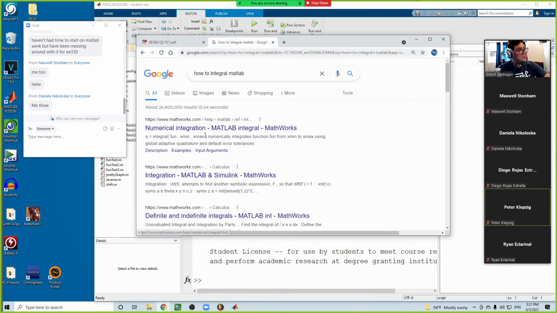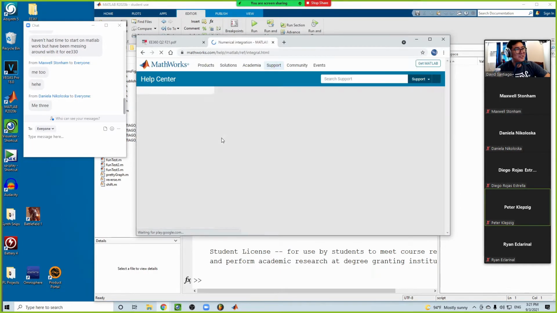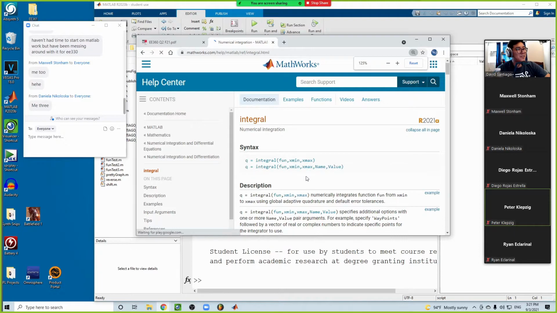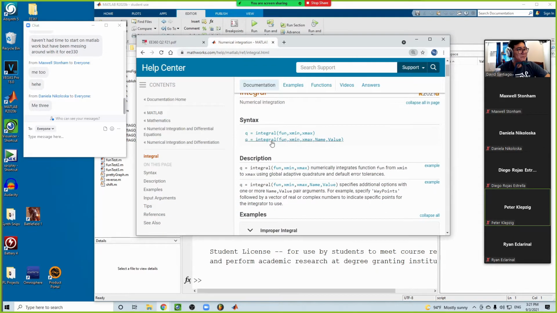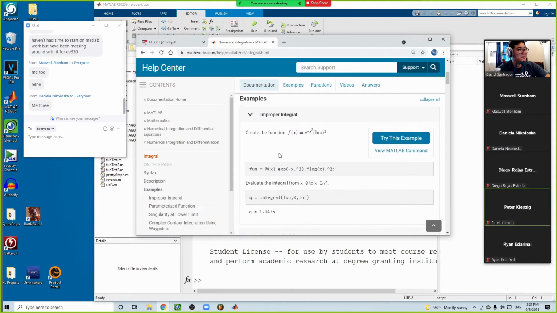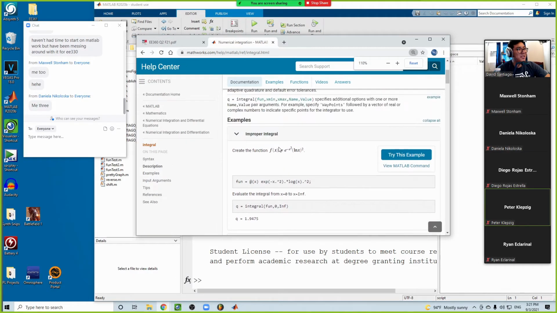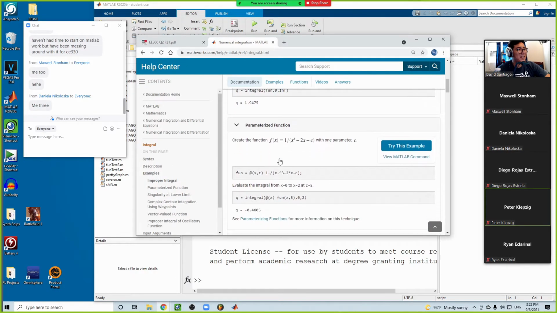So if you ever want any help, you got Google. And then if you wanted to look, I think Dr. Schill gives you this, how to do an integral. And there's a couple ways of doing it. Let me see if there's the way I like doing it. I think this is the way right here. This is the way I like doing it.